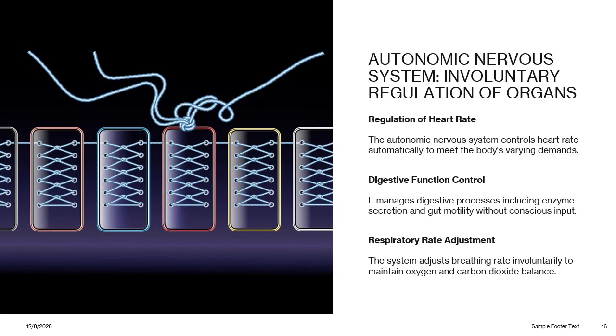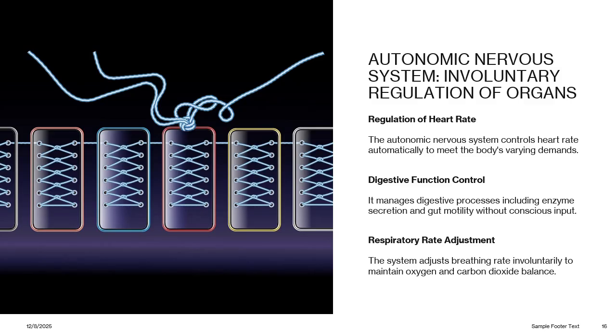The autonomic nervous system regulates involuntary functions like heart rate, digestion, and respiratory rate, ensuring the body's internal environment remains stable. So autonomic, I think of as auto as it does it itself. So these are the non-voluntary aspects.